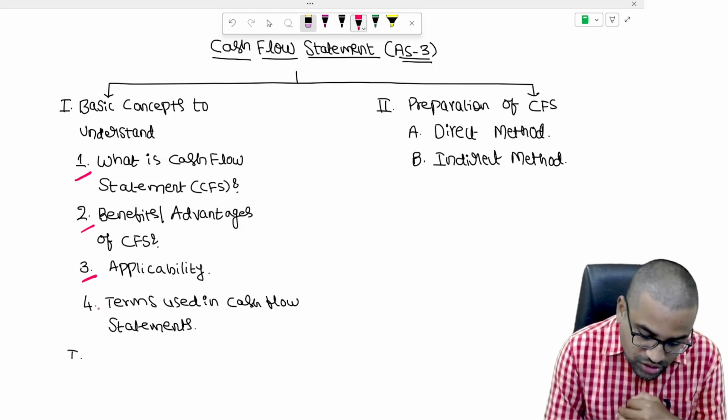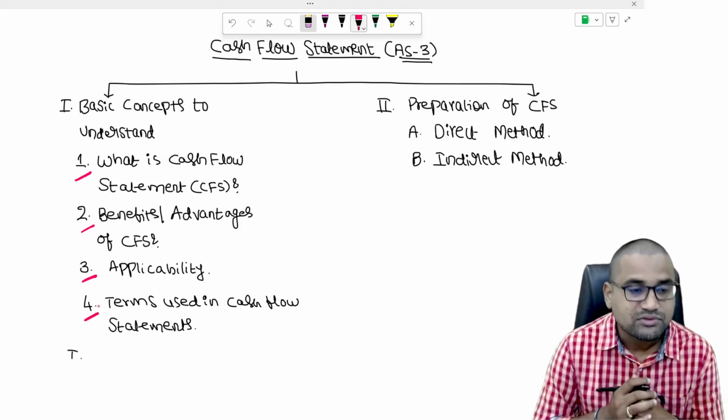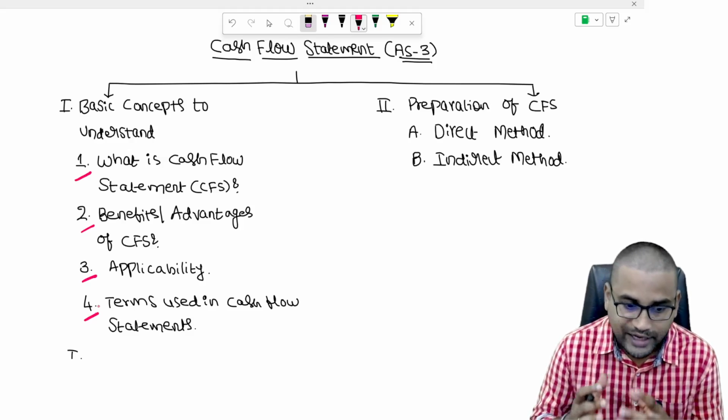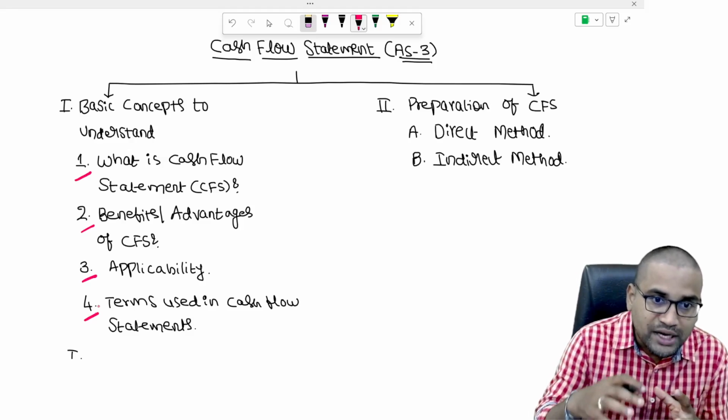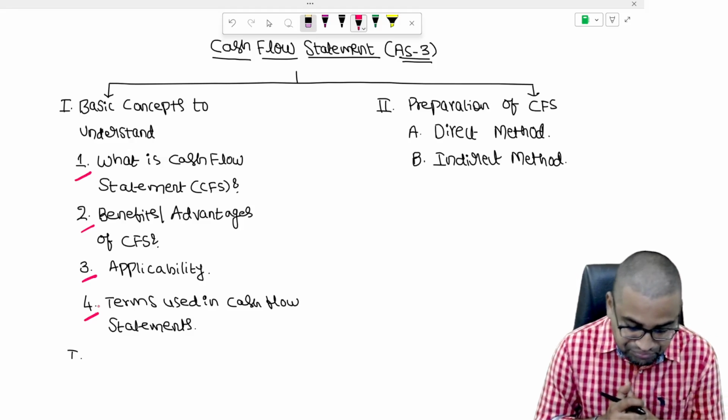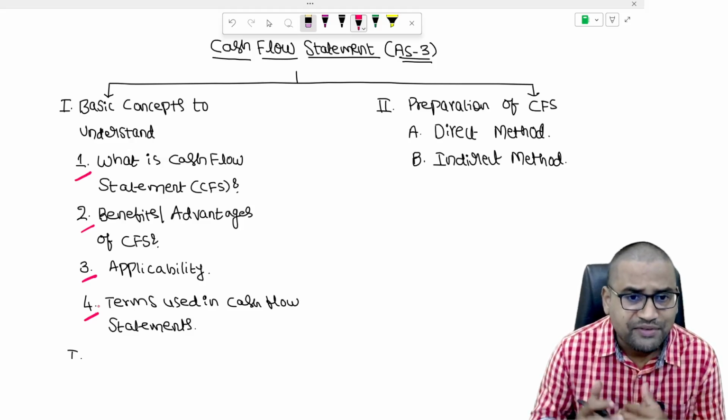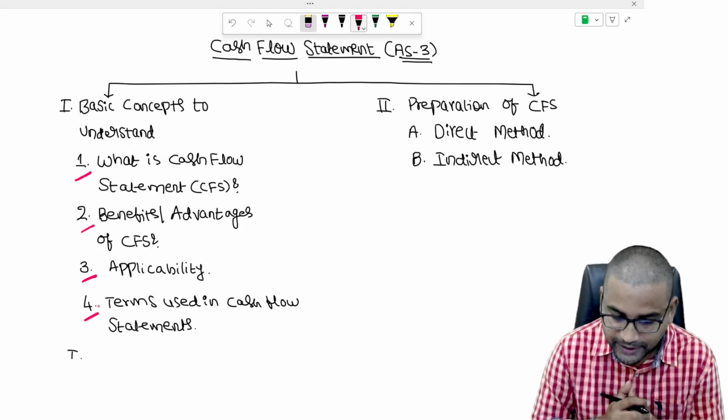Also, what are the important terms used in cash flow statement. There are certain terms which are very, very important, so we need to understand the meaning of those terms. So this is the first set of discussion we need to make.